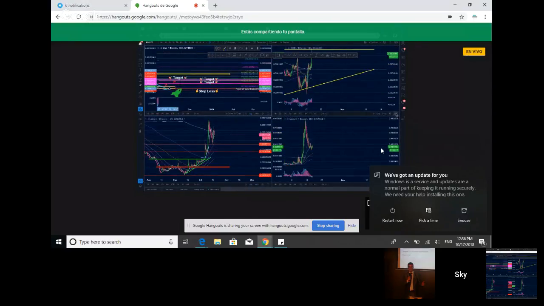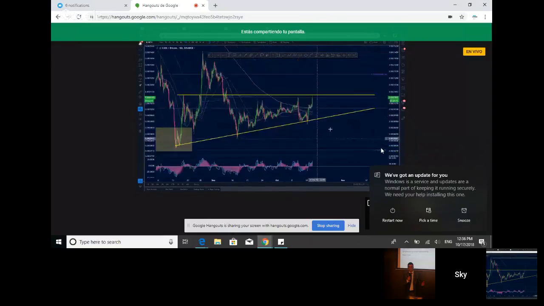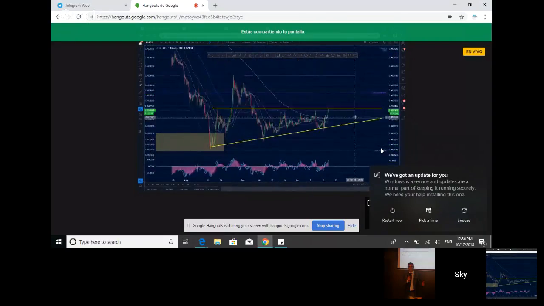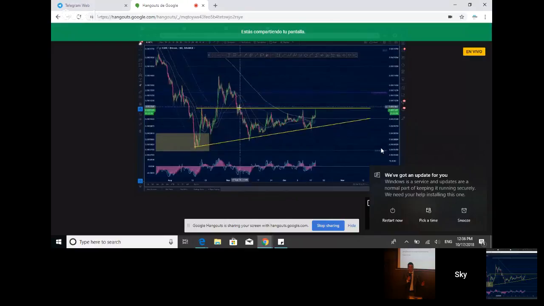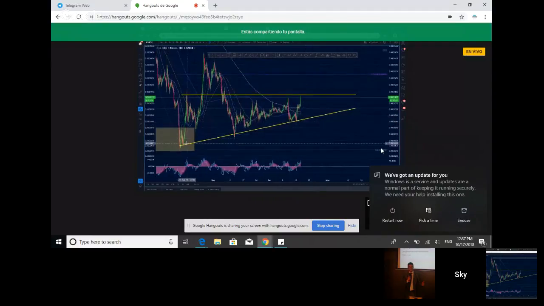Let's see Icon. So as I see at Icon, we are moving like this, and we're moving in this uptrend. This is a good uptrend right now, so it will probably last for maybe another couple of weeks. So for now, price is at the resistance level and has not broken it.